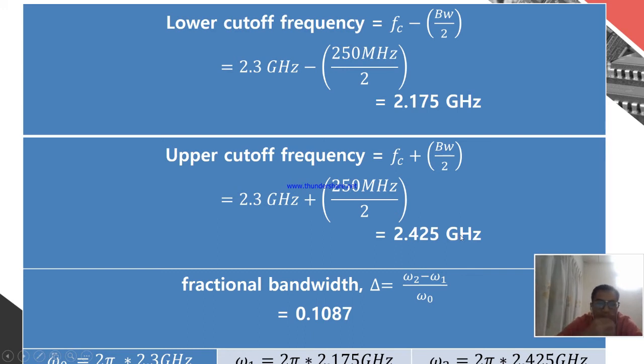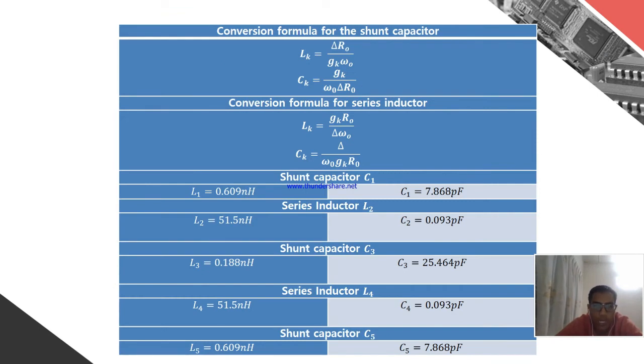So we need to find the fractional bandwidth using the formula omega 2 minus omega 1 divided by omega 0, and we find the value is 0.1087. There are two types of compensation formula, for shunt capacitor and series inductor.